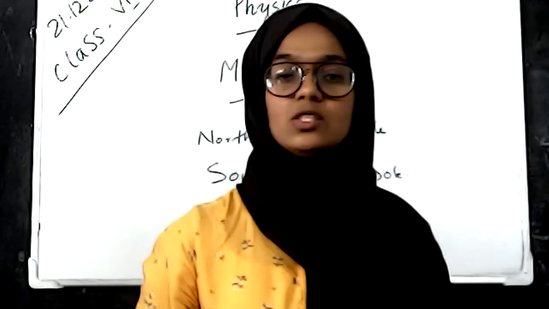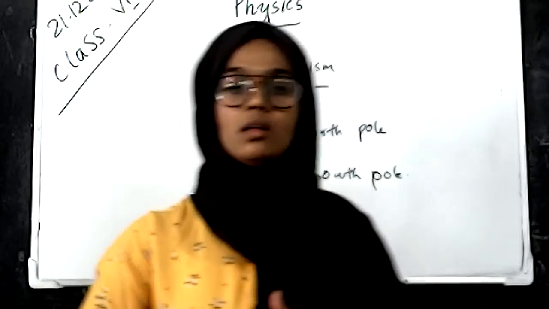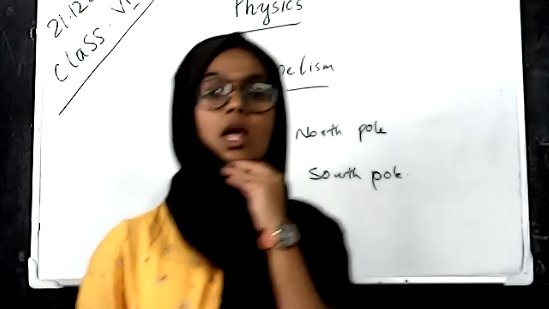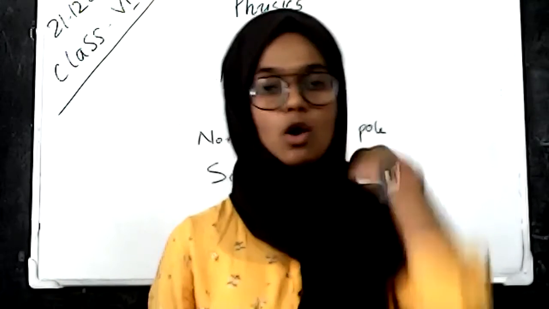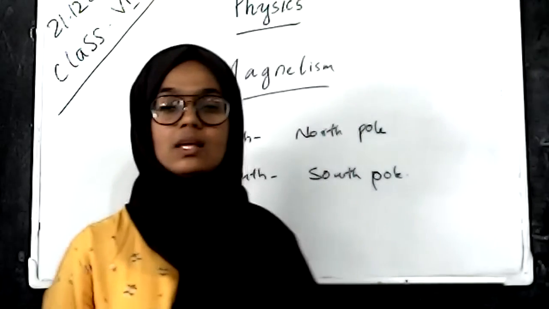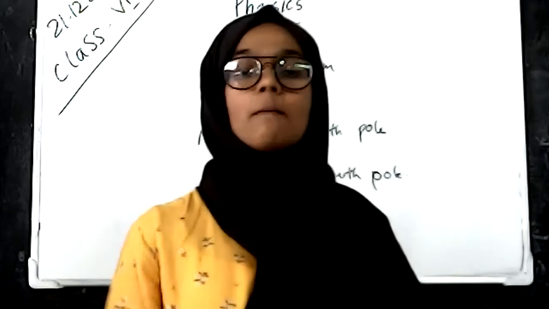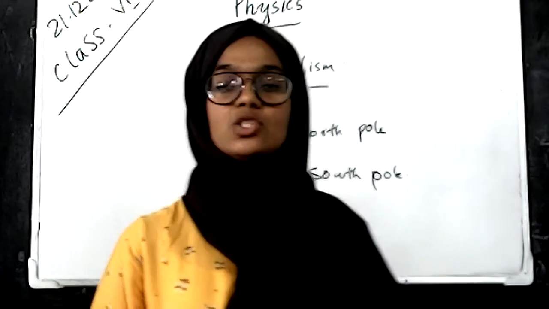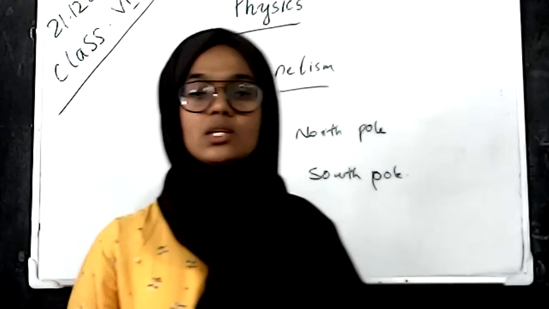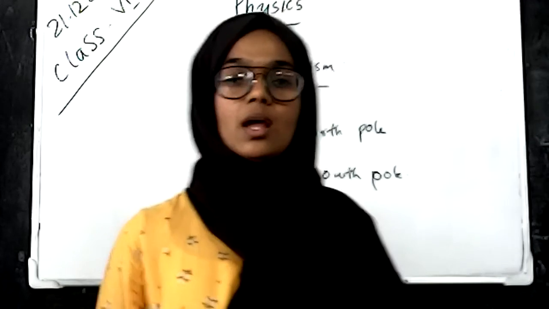The device used to understand the direction of places is known as the compass, the magnetic compass, and the magnetic needle in that compass, placed on a plane surface, shows the north-south direction.